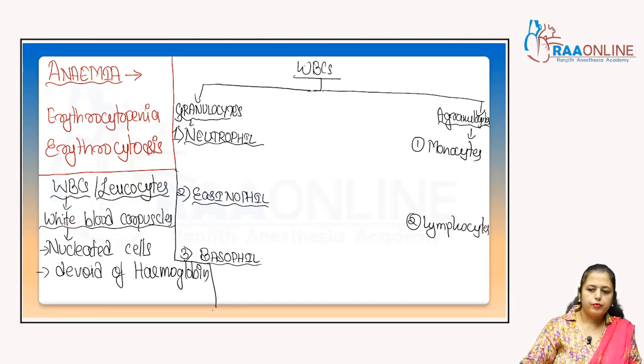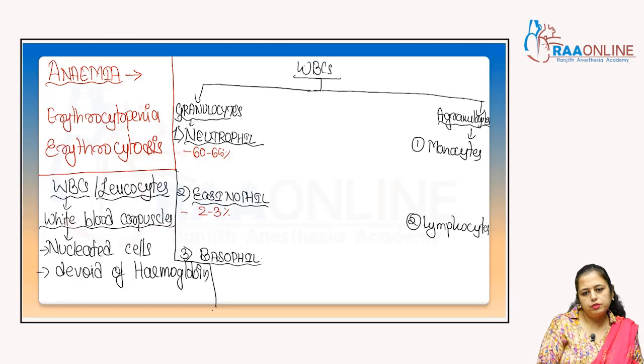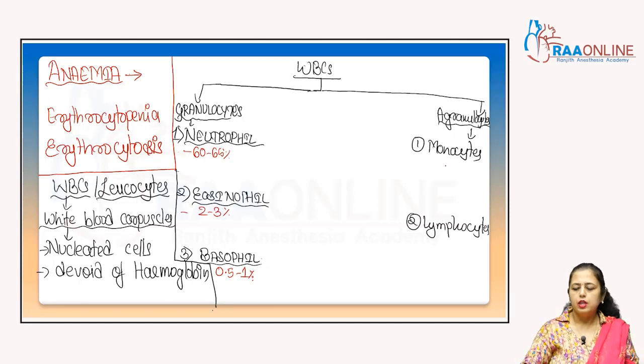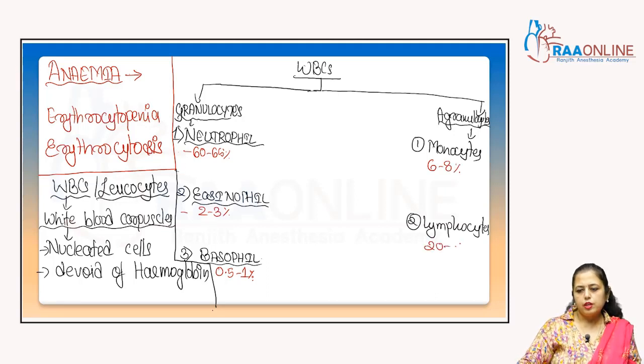lymphocytes. Clear? Neutrophil 60 to 65%, eosinophil 2 to 3%, basophil 0.5 to 1%, monocytes 6 to 8%, lymphocyte 20 to 25%.